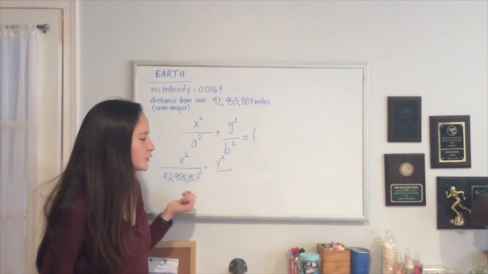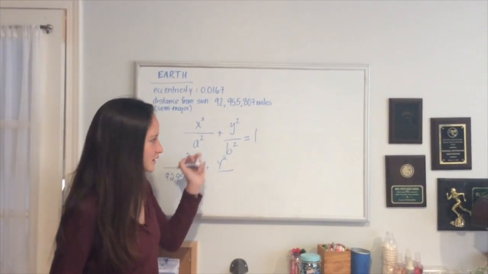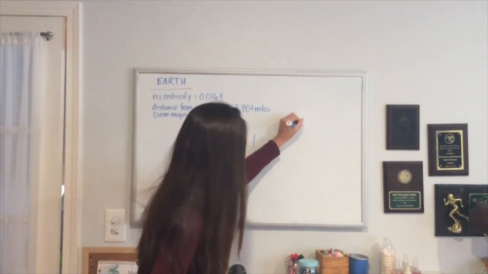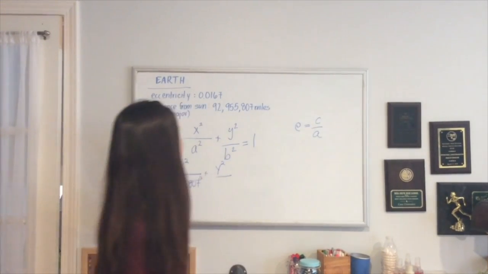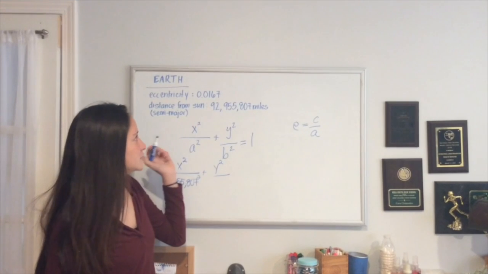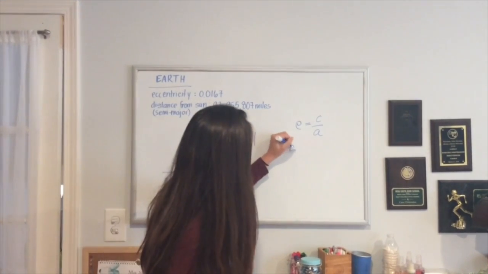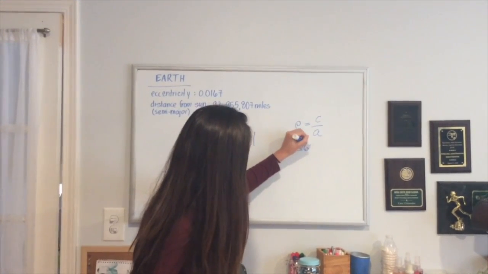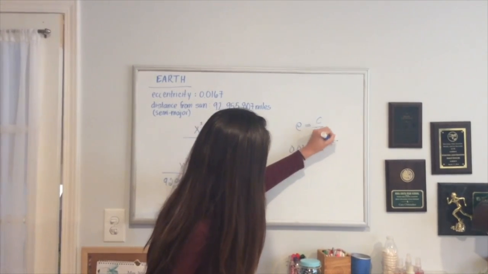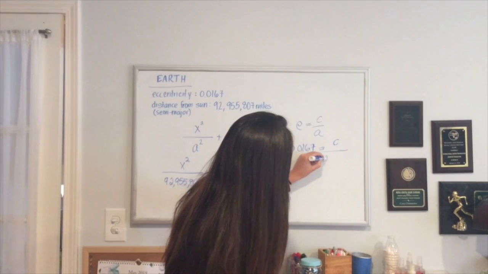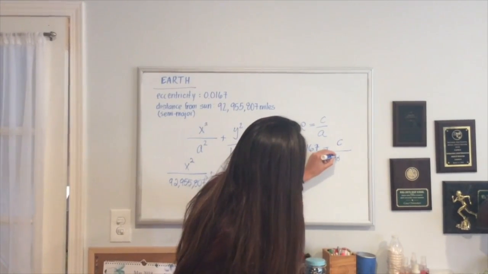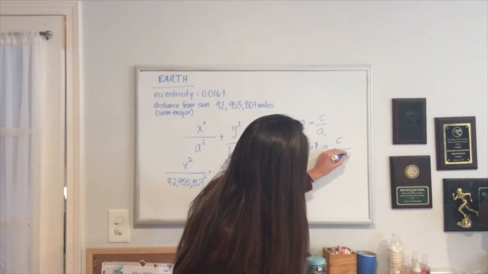So our B value is going to be found through this equation, and we already have the eccentricity. So the eccentricity is 0.0167 over our A value, which is 92,955,807 miles.